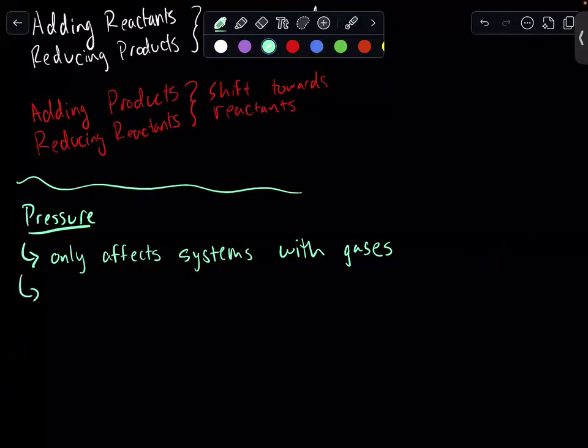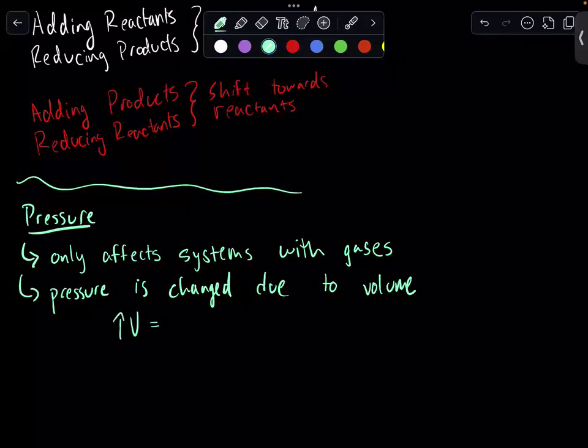Furthermore, as we mentioned before, pressure is changed due to volume. And remembering Boyle's law, an increase in volume equals a decrease in pressure, and a decrease in volume equals an increase in pressure. Kind of like if you squeeze a balloon, you're adding pressure and you're decreasing the volume. Those are inversely related things.